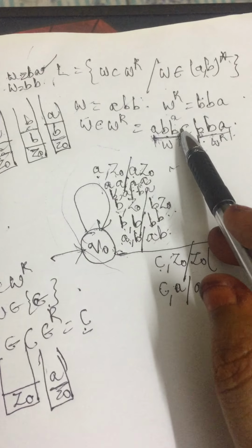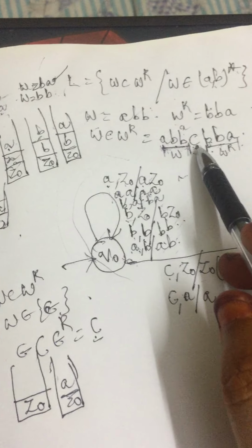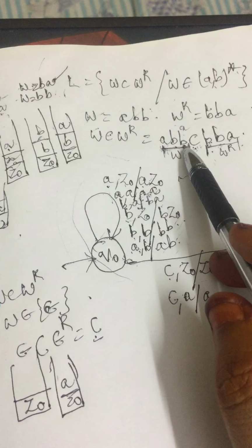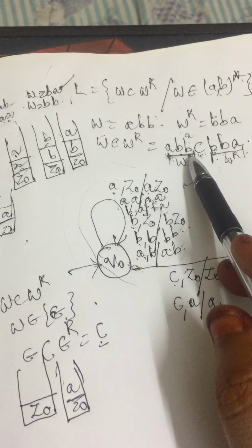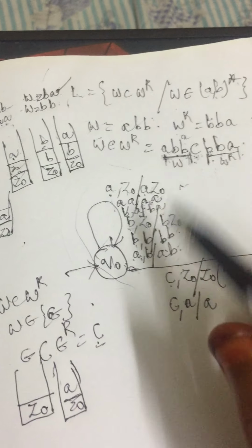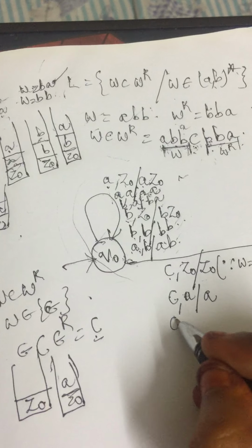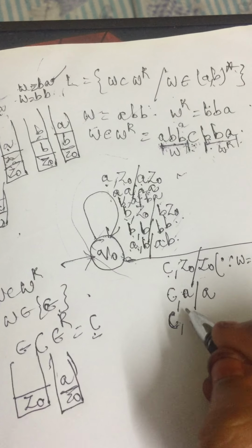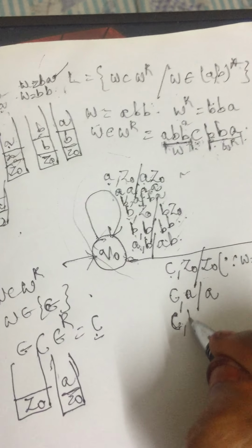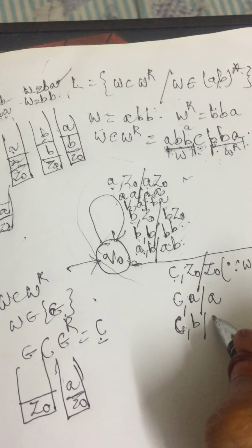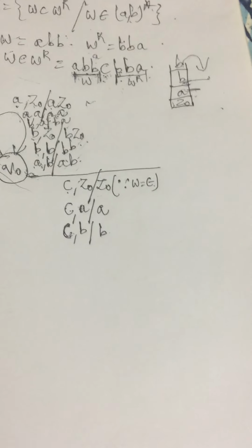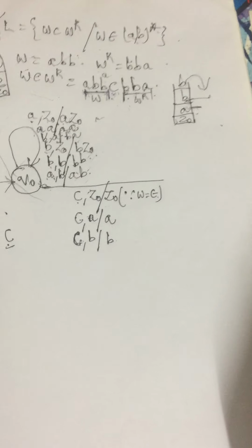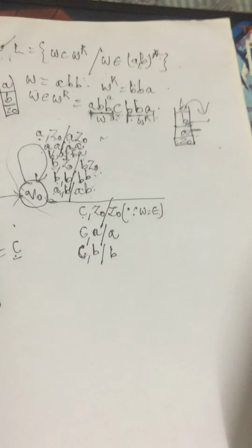If, for example, the top of the stack is B, that means in the W part before C, B is present. The present input symbol is C, and the top of the stack is B. So just skip it. Keep the top of the stack as it is. So these are the three scenarios which we are going to consider.